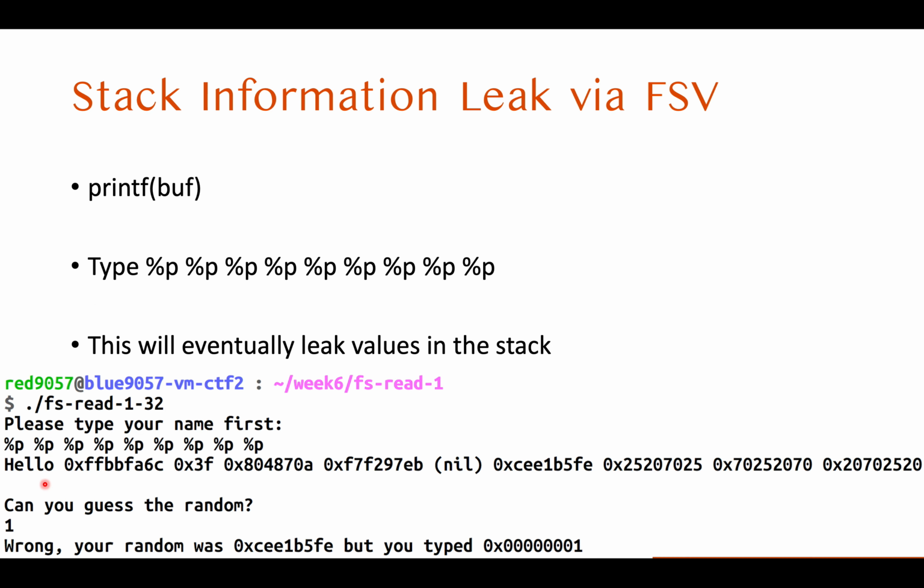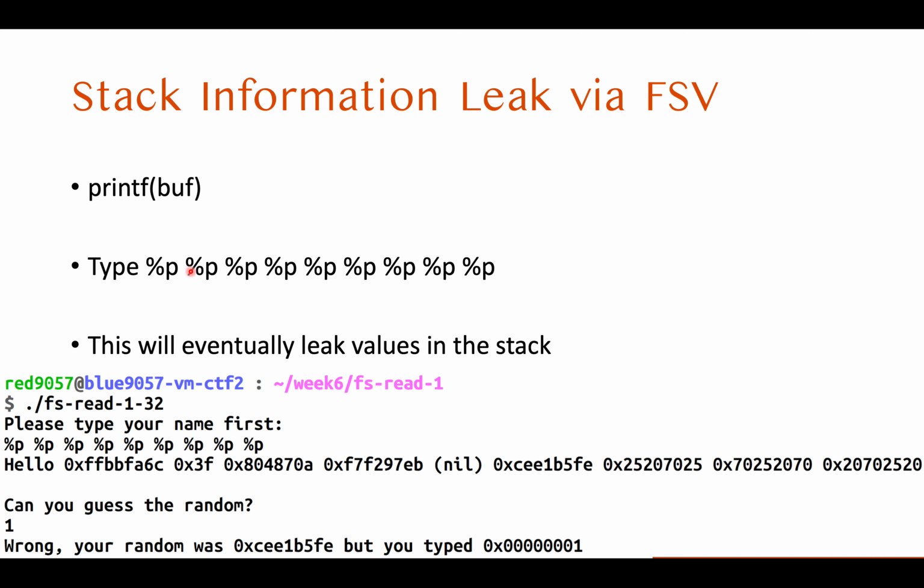So this is the example. The vulnerable part is that printf uses a format string controlled by the attacker, and we can type lots of %p's and it will print them out. So printf works as if there are additional arguments, although we didn't put anything.